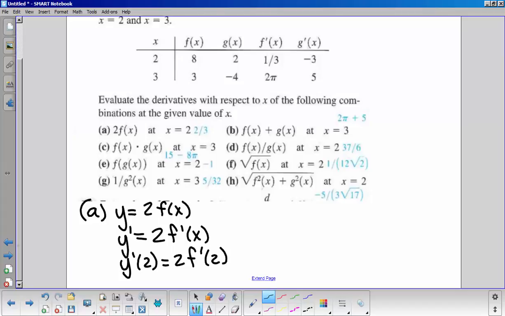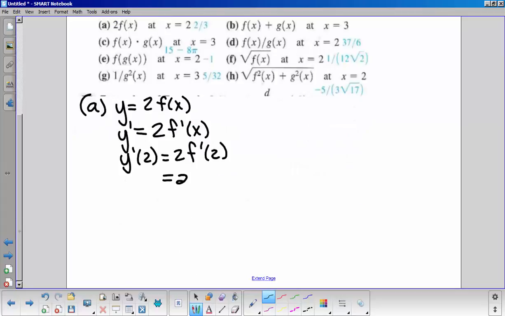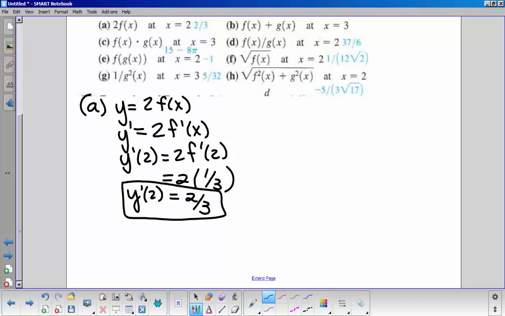Now, do we have a table that tells us what f prime of 2 is? It's 1/3. So we plug in 1/3. This is 2 times 1/3, which is 2/3. So y prime of 2 is equal to 2/3. All right, so that's part A.